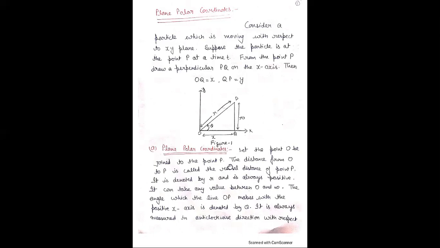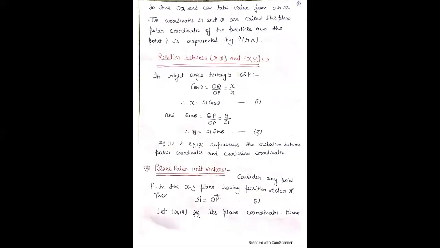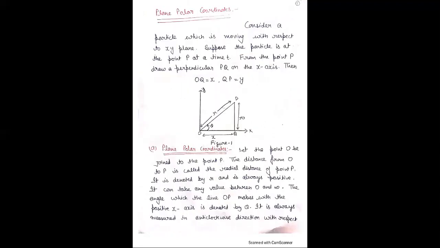It can take values between 0 and infinity. The angle is known as the polar angle, and it is always measured in the anti-clockwise direction with respect to line OX, and can take values from 0 to 2 pi. The coordinates R and theta are called the plane polar coordinates of the particle, and the point P is represented by their two values R and theta. R is the radial distance, theta is the polar angle.